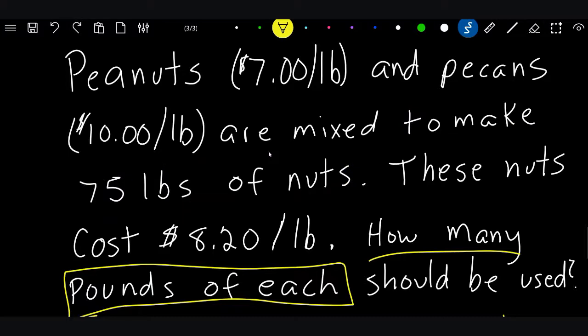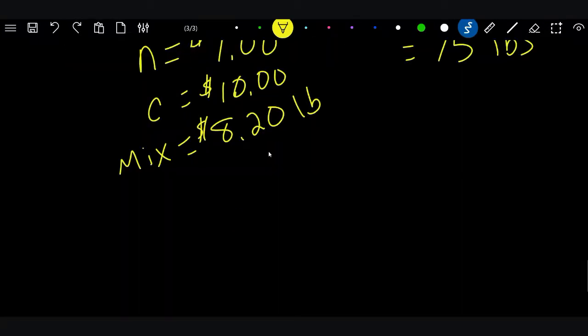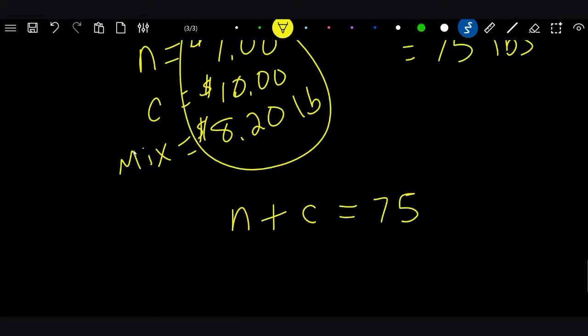So we know that the pecans plus the peanuts, so N plus C, is going to equal 75 pounds. There's one of our equations right there. What's the other thing that we know? Well, we know some information right here. We know that the mixed nuts are going to equal $8.20 per pound.